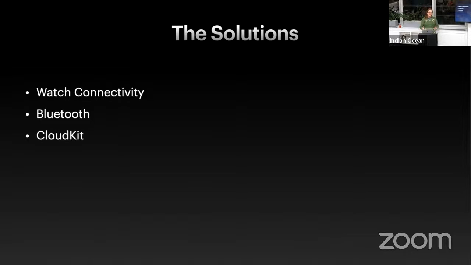Now, both the watch and the phone are also Bluetooth devices, meaning they can act as a sensor and also something that reads all of that. So what you can do is set up your phone as a sensor that is read by the watch and send data that way.